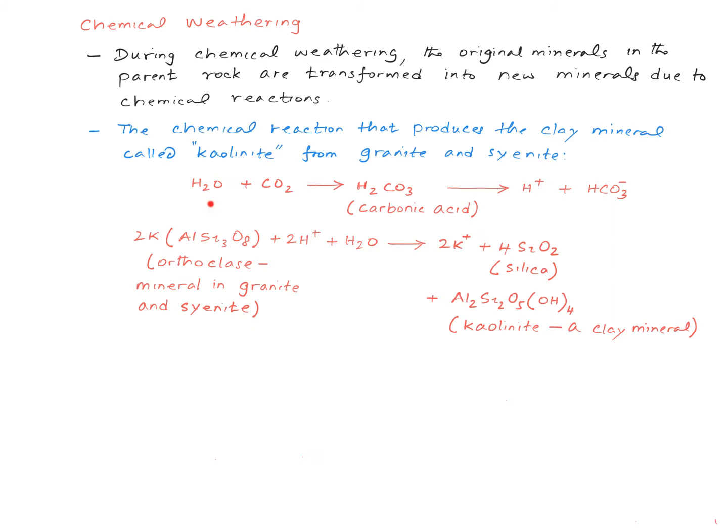The water reacts with carbon dioxide in the air to form carbonic acid, which ionizes into H+ and HCO3-. The hydrogen ion and water then react with orthoclase, which is a mineral in granite, leading to these products, one of which is kaolinite, a clay mineral.